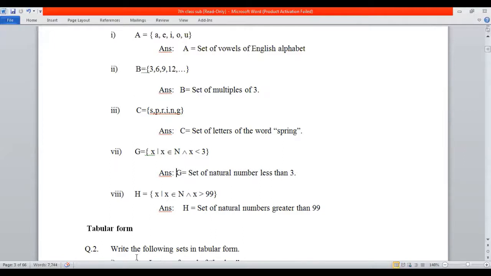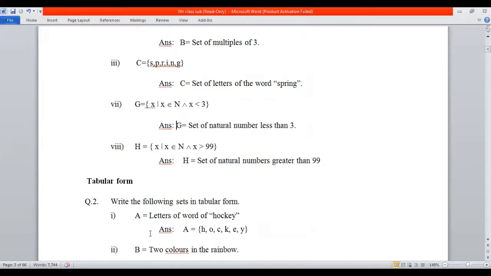So for example, here you have the first set given in descriptive form: letters of the word hockey. So how can you write it in tabular form?